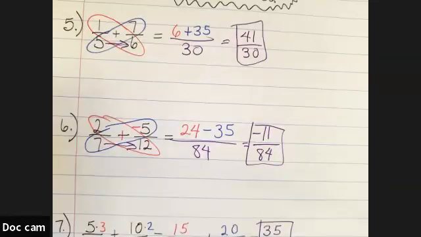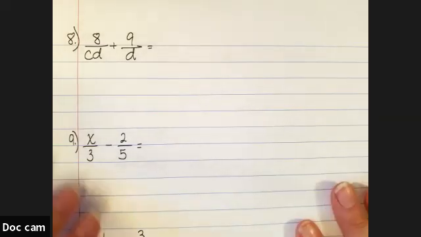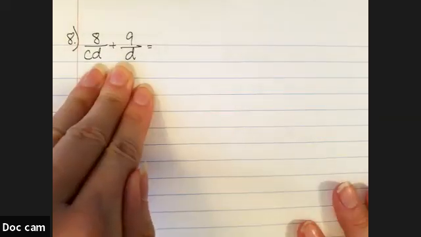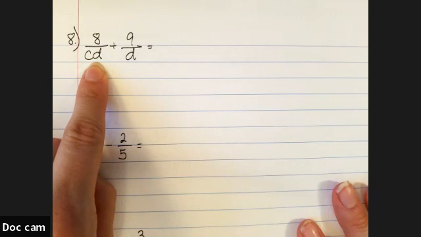I try to wrap this up by 4:30, but let me just do at least one more example. I want to get in an example that has some letters in it. So number 8, I have 8 over CD plus 9 over D. And we know that CD is basically the same thing as saying C times D, right?